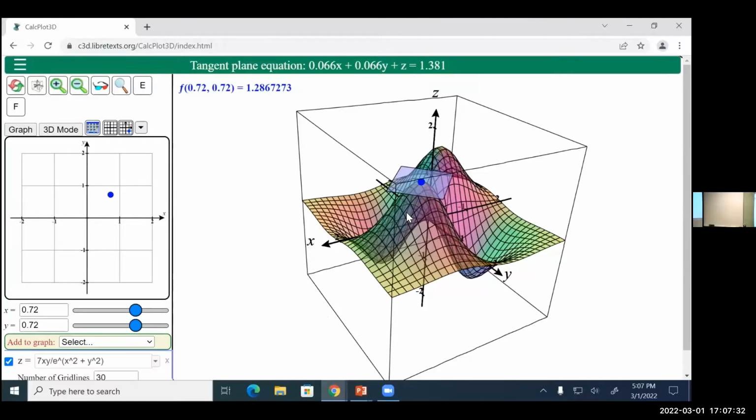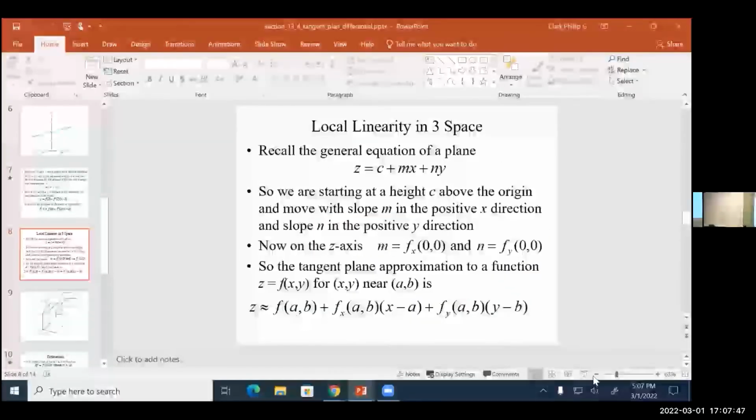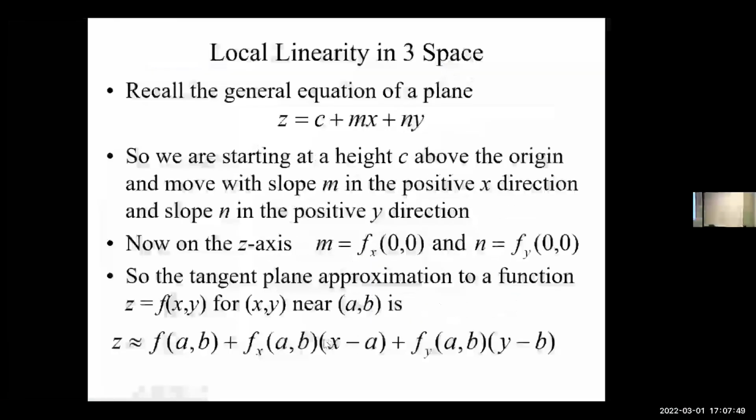Basically, it's the same concept as a tangent line expanded into 3D. And that just means we have to account for both the partial with respect to x and the partial with respect to y, which we can see is accounted for right in this equation. Finding it is actually not that difficult, and we'll do one a little bit later together, and then you will do one on the worksheet.